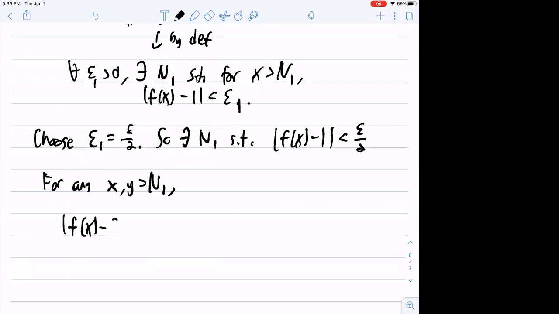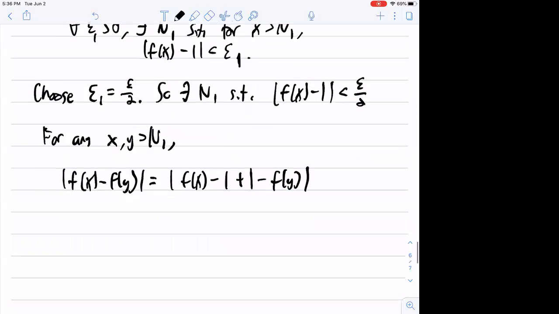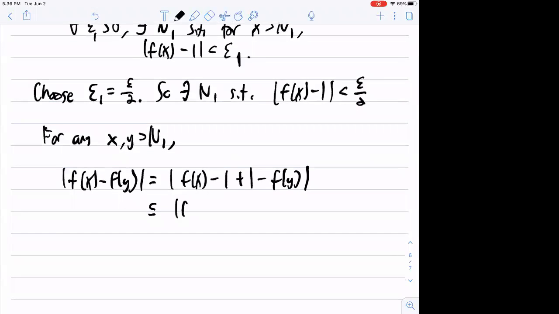f of x minus f of y is less than or equal to, I'm skipping steps, but let me not skip. Minus 1 plus 1 minus f of y, and then the triangle inequality, right?